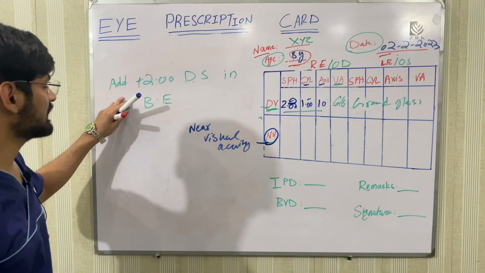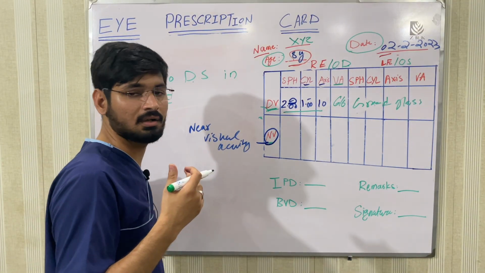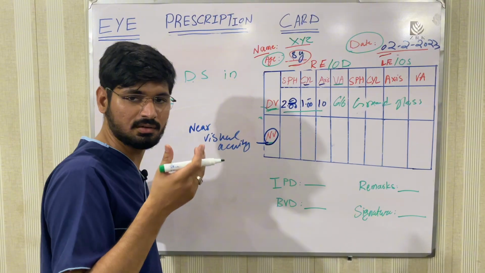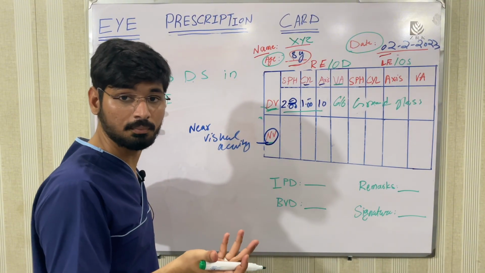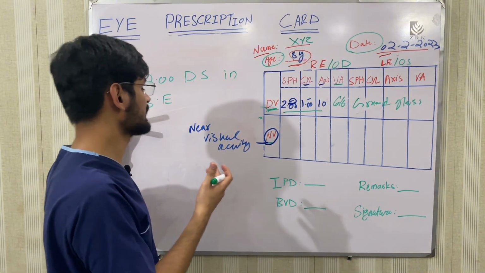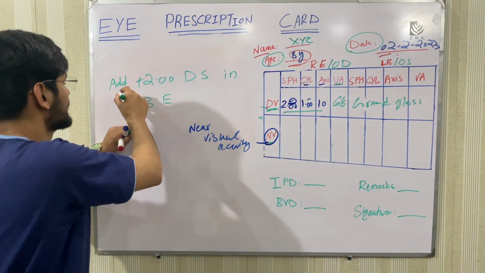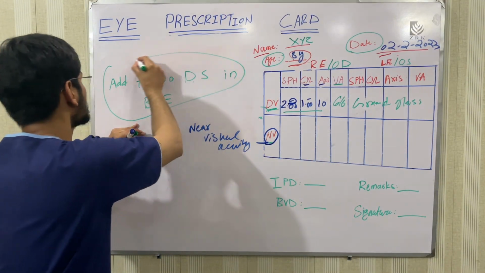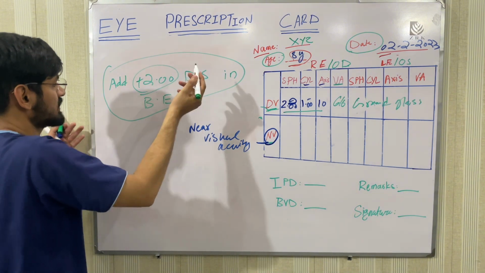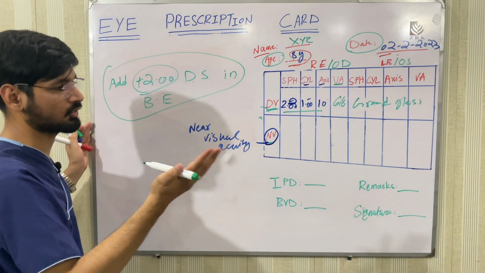What does it mean? It means if I want to give a near add to my patient, who is presbyopic, how can I give the add in this card? Simply write this statement. The near add may be +1, +1.5, +2 or anything else in your case.